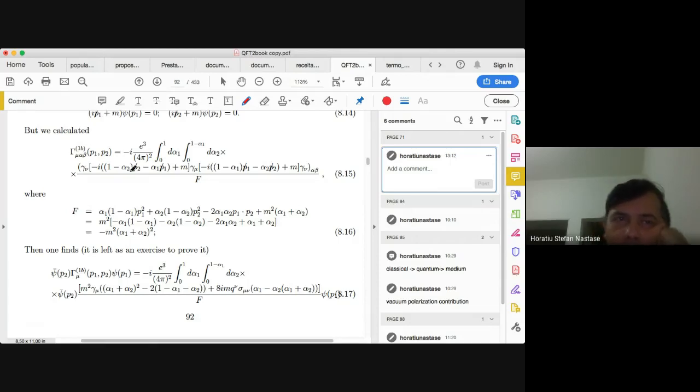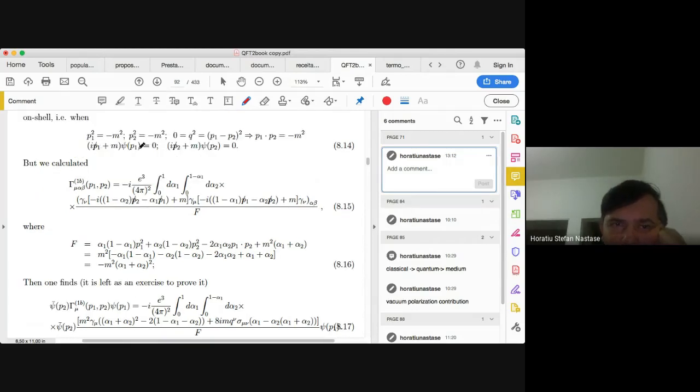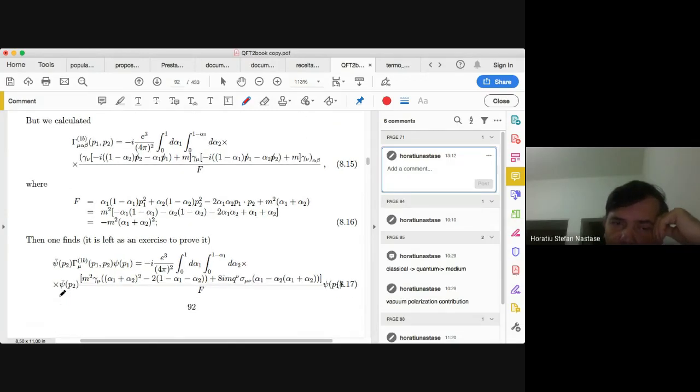And then I will use the on-shell condition, the Dirac equation, for psi of P1 and for psi of P2. For psi of P2, of course, I will use the bar of that. And well, when I say I will use, you will use, because I left it as an exercise for you to do it.